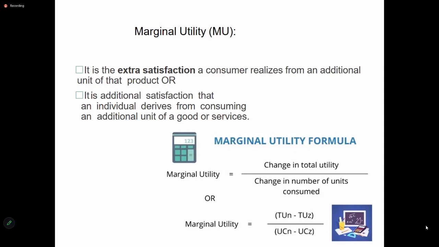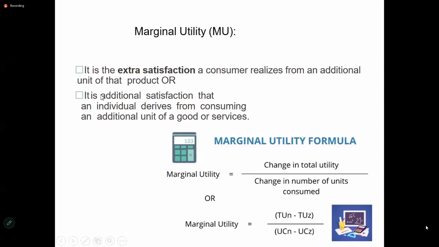You may remember when we studied these utilities, total utility gradually increases, but marginal utility gradually decreases. That is why we explained the theory of diminishing marginal utility.